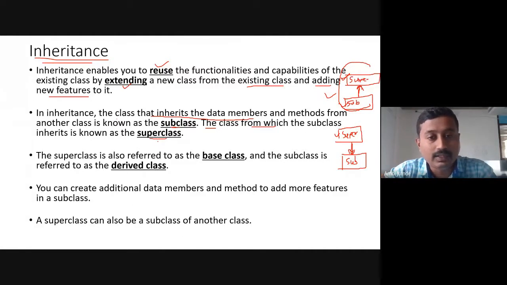Now we have seen other names for these classes. The superclass is also known as a base class, from which we are defining a new class, and the subclass is known as a derived class. I have told you the third name also. What is that?